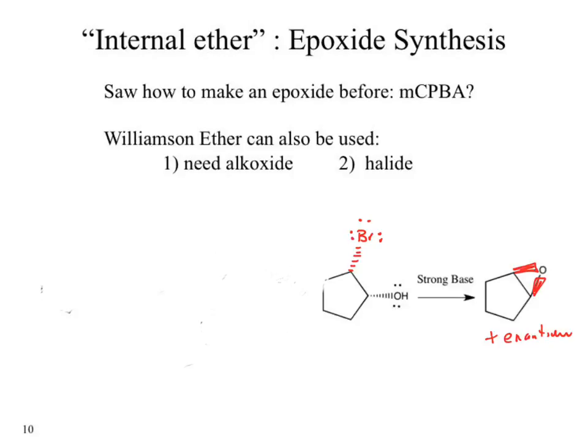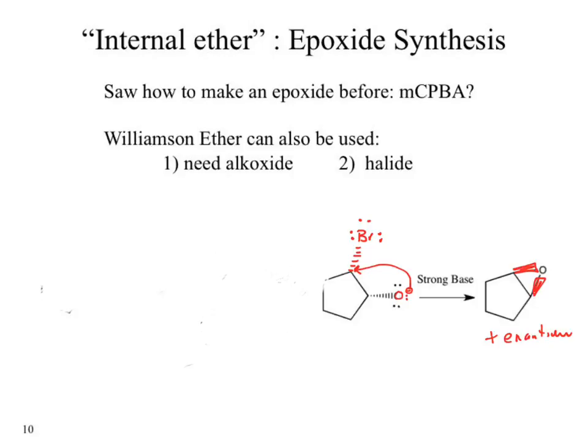What happens when I add the strong base? Does this elimination or does this substitution reaction occur? No. We're looking at an alkoxide, which means we are looking at a negatively charged oxygen, which means it must do a backside attack on our leaving group position.